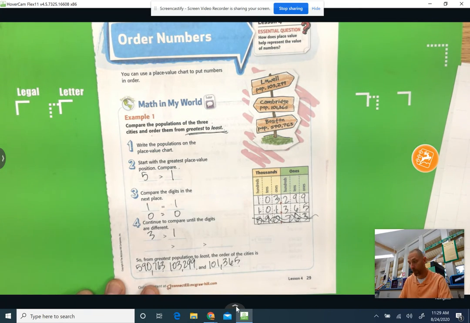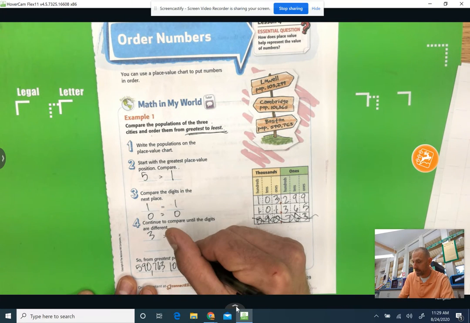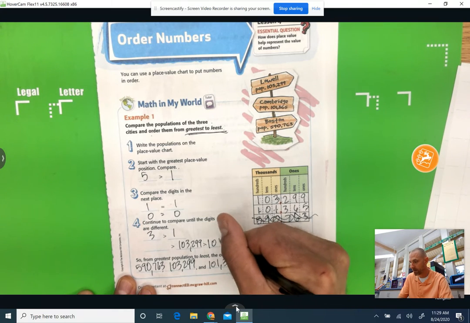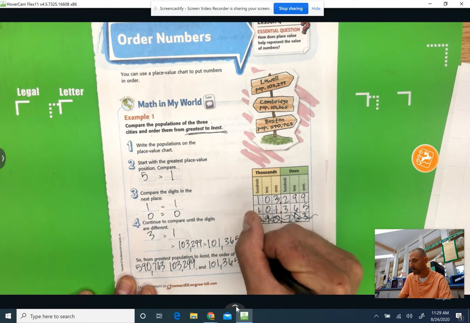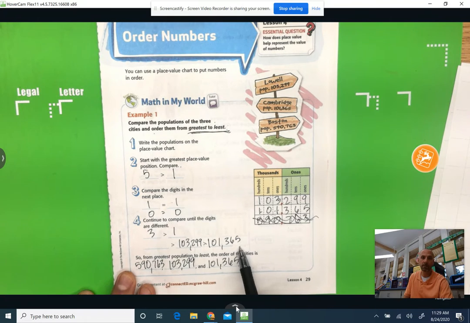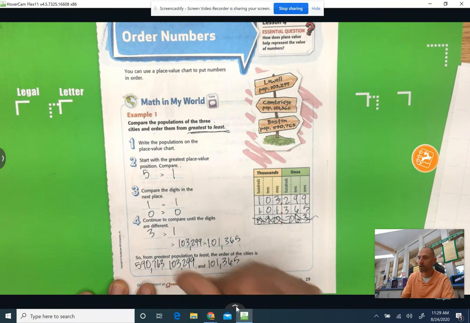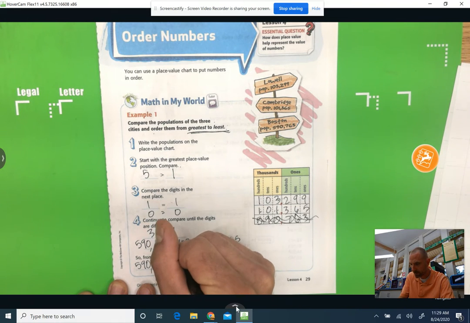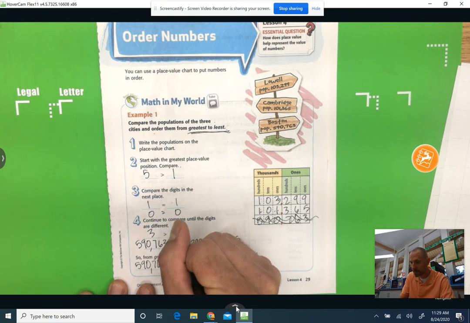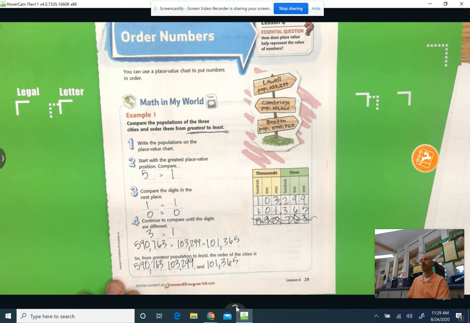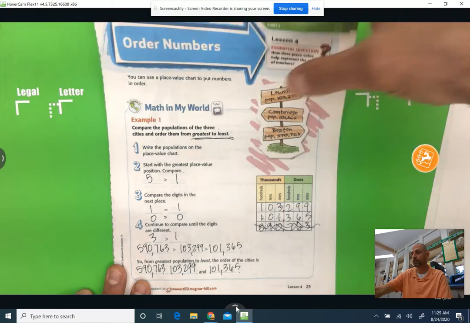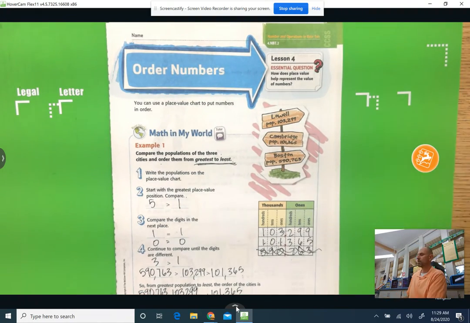So therefore, because 103,299 is greater than 101,365, that made 101,365 the smallest number. And then as we figured out right away, our largest number was 590,763.